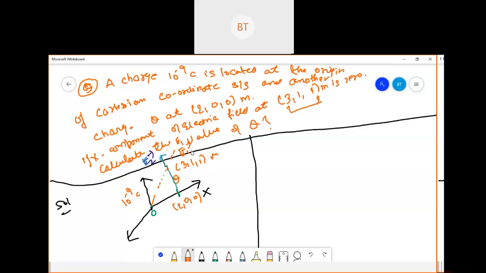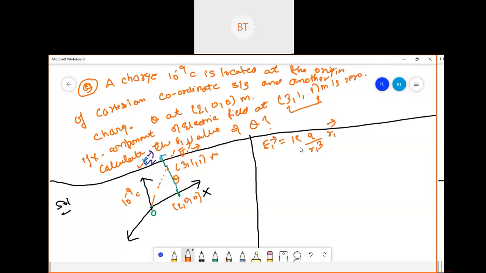Now we will calculate E1, then E2, and then see what the question is telling. First I'll write E1 equals K q by R1 cubed into the R1 vector, because I am calculating for E1, so I represent it by R1.